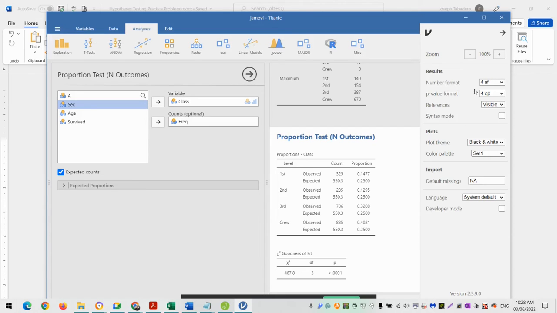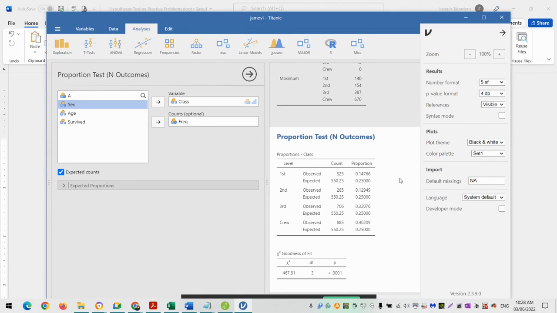At the moment, nakalagay dito na ang number format is 4 significant figures. We can increase that to 5 significant figures, and makikita natin that it already reports the whole 550.25. In fact, we can also increase the number of decimal places by just going to decimal places and clicking on any of this.